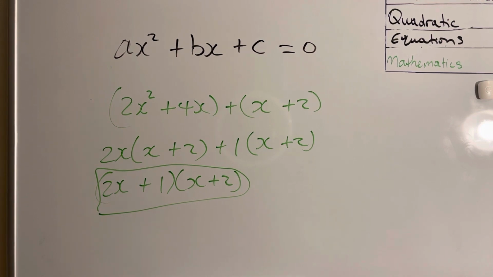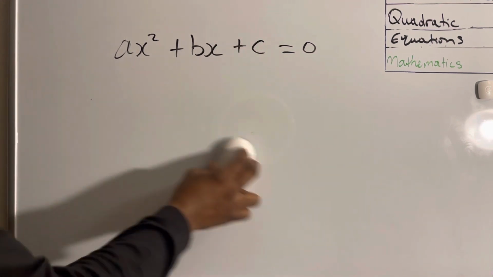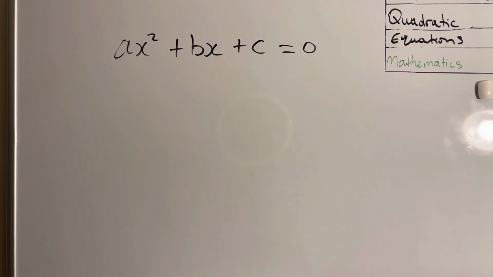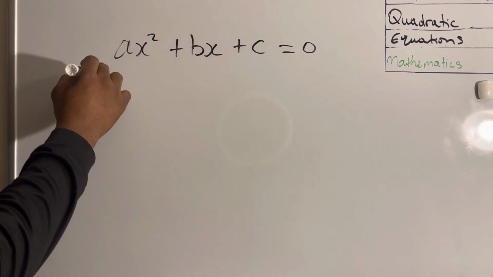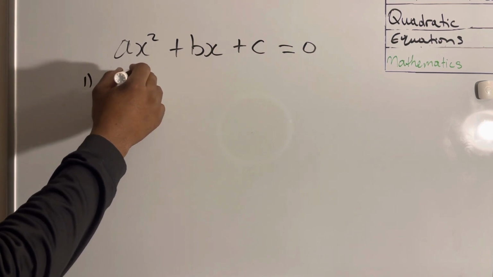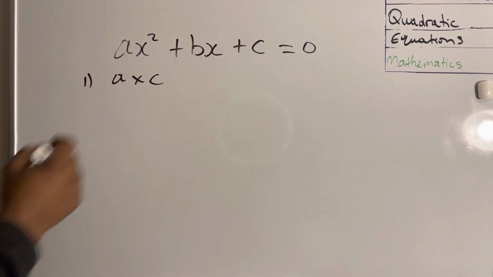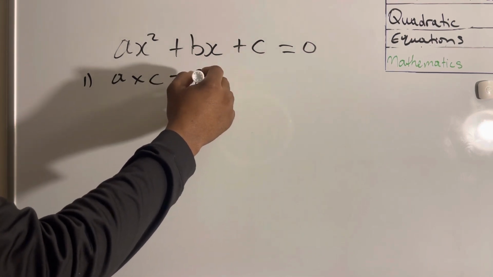Now that we have done a little refresher, what we're going to do now is the quadratic equation. In a quadratic equation, step 1, you multiply the coefficient a times the constant c, and this will produce a product p.